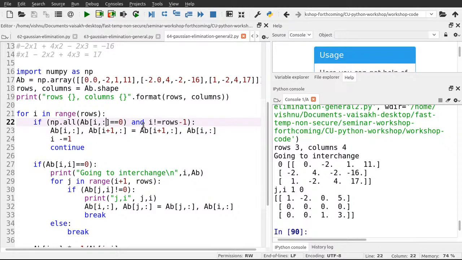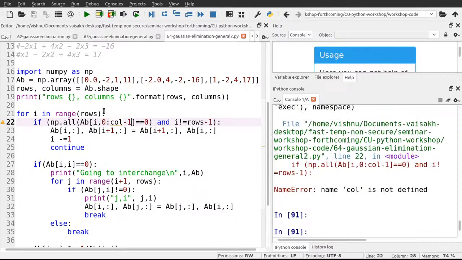Instead, you should reduce the column by 1, so up to where we should check, not all, 0 to columns minus 1.